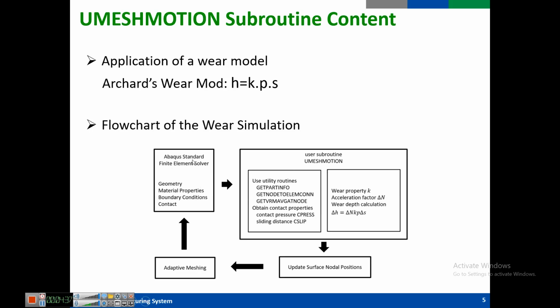For example, in your Abaqus CAE, you define geometry, material property, boundary condition, and contact. And for your UMESHMOTION subroutine, you need to consider some utility routines, for example GETVRMAVGATIP, and also obtain contact properties: contact pressure, CSLIP, sliding distance.